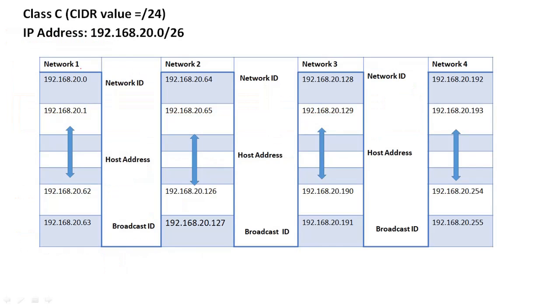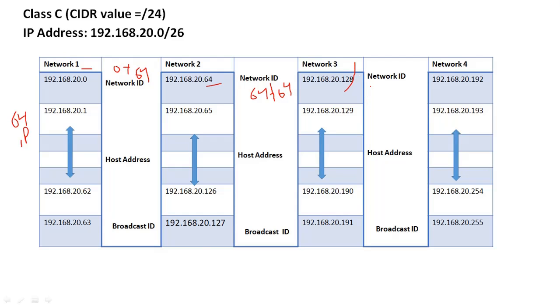Here you can see we have created a total of 4 networks, and in each network we have created 64 IPs. You have to add 64 for each network. So 0 plus 64, you will get 64. Then 64 plus 64, you will get 128.